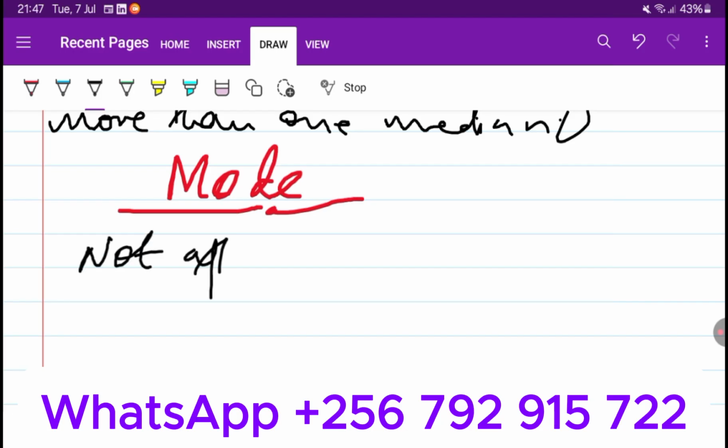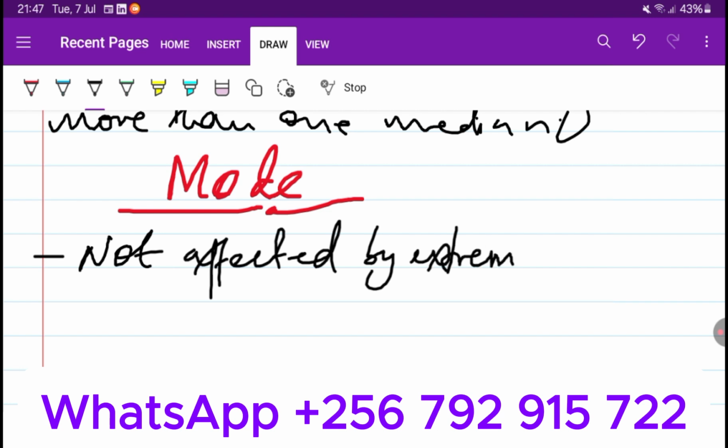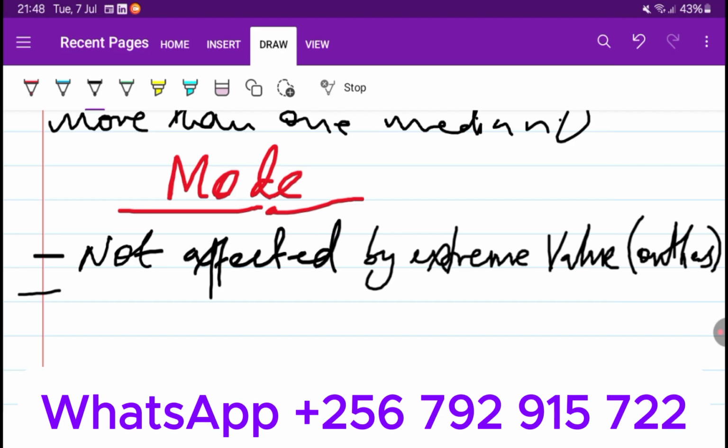Not affected by extreme values, or what you call outliers.